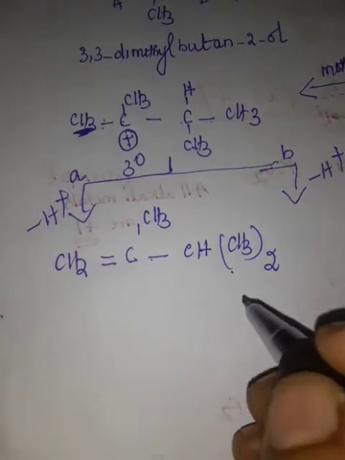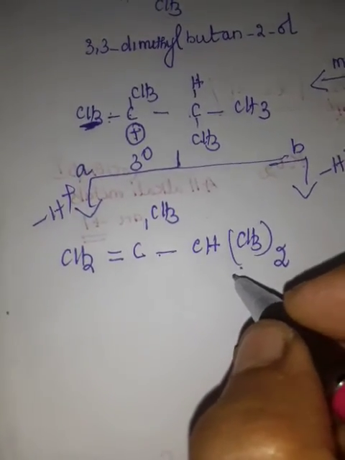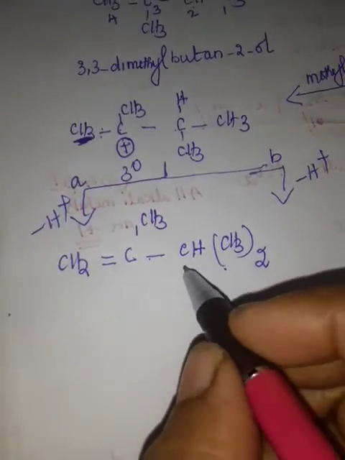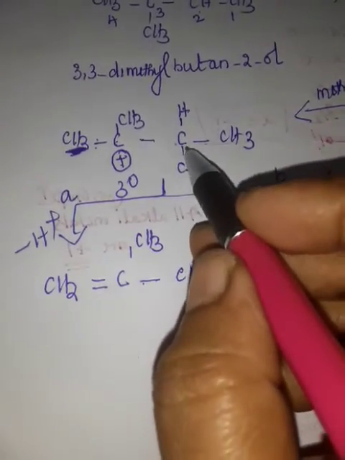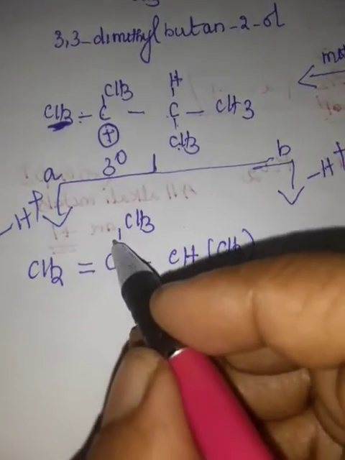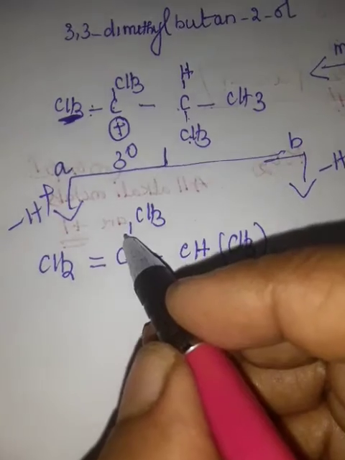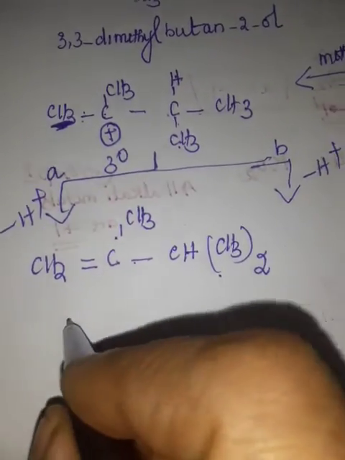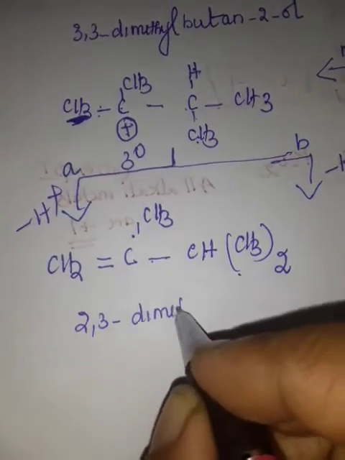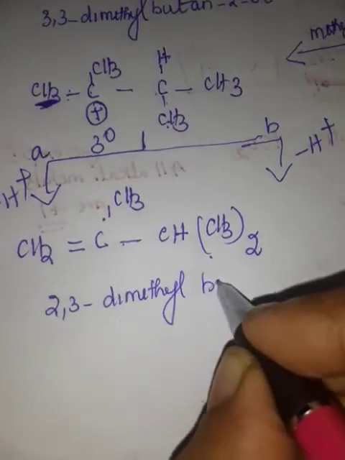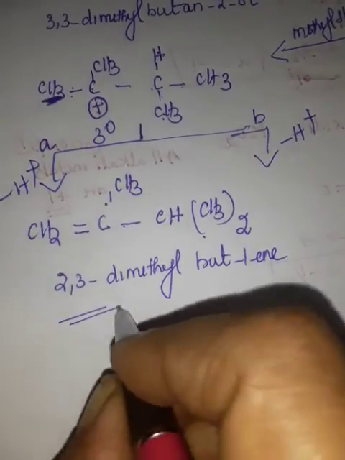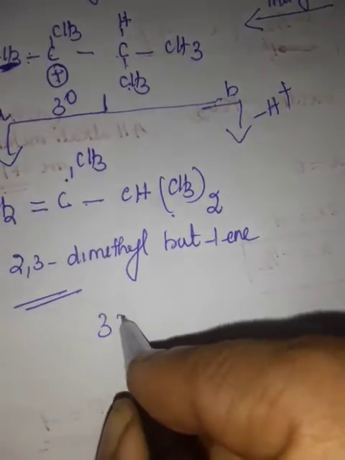So the second carbon has one methyl group, the third carbon has a methyl group. So we get 2,3-dimethylbutene, the same butene, only the substitution is different. This occurs 33%.